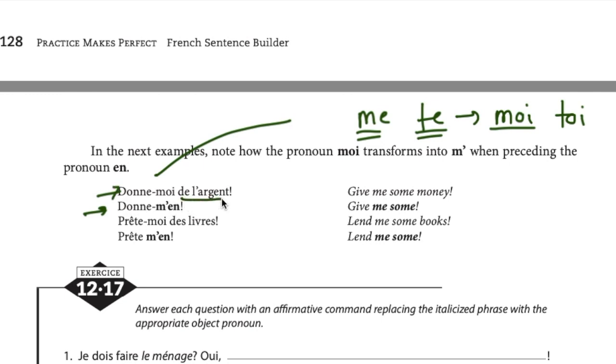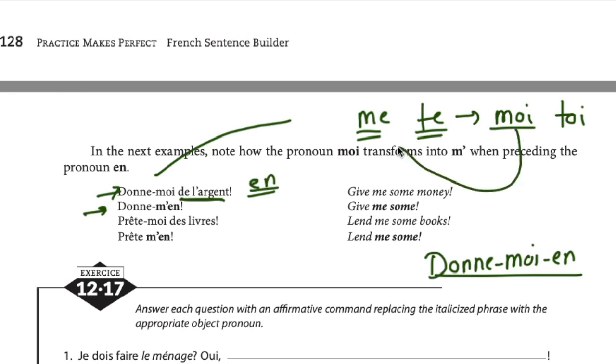But if you replace some money with en, this is partitive, right? And you can replace partitive with en. We have studied that. Now, this sounds bizarre, right? Donne-moi en. It's just moi en. So again, what do they do now? They go back from moi to m'. Just in the case of en, they will make you say donne-m'en, or give me some. Just because of that sound, they change back the moi to m'.